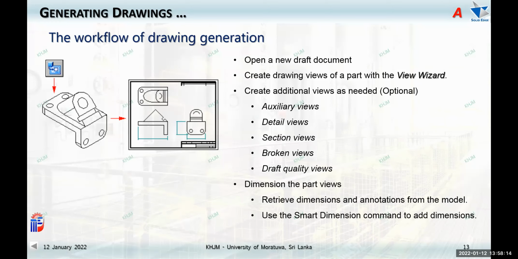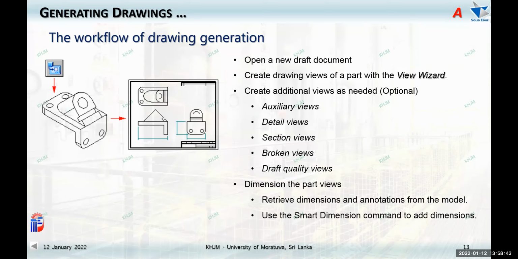That also is possible. And also use the smart dimension command to add dimensions. You can use the Solid Edge standard dimension tools, smart dimensions, vertical, horizontal, symmetry, all these things you can use freely to apply your own dimensions. But there's a difference actually.